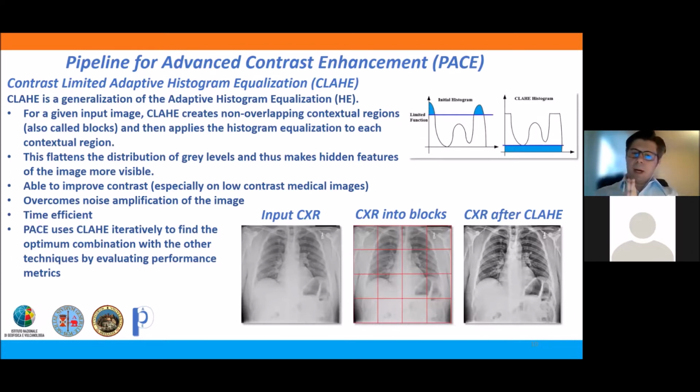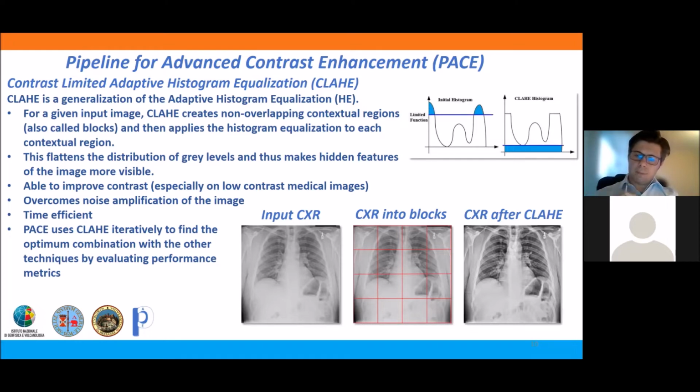The nicest part of this methodology is that it is very, very efficient, and it is well known in literature. It is considered a well-established reference approach. What CLAHE does is take an input image as a reference and divide the image into a number of finite blocks, and for each block perform independent contrast enhancement.